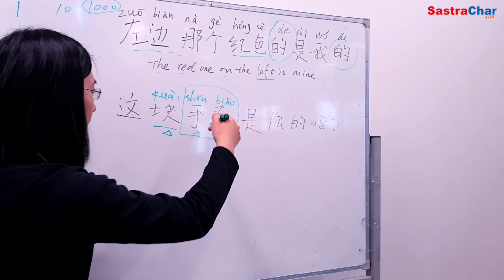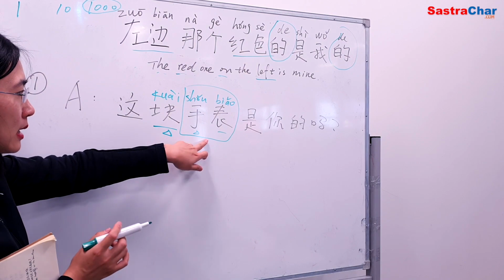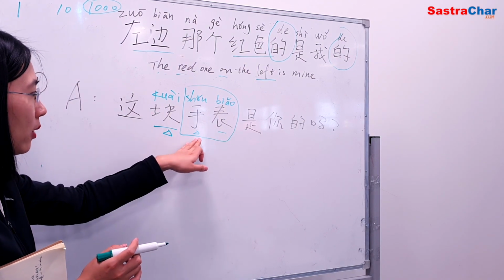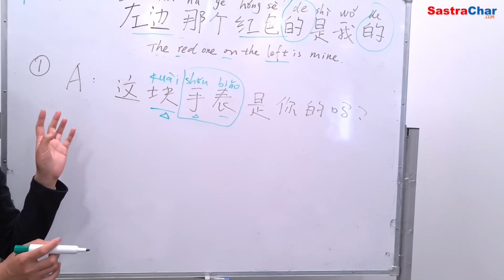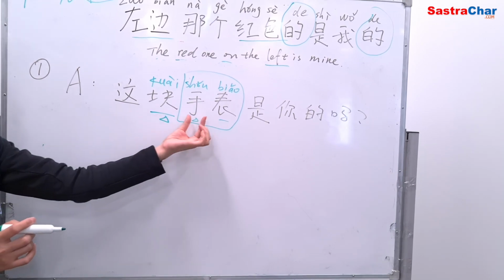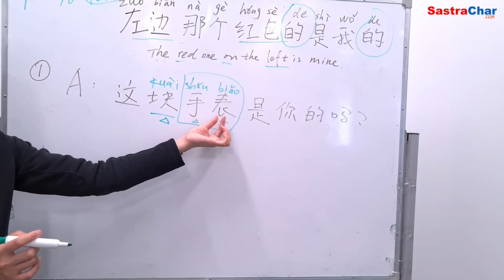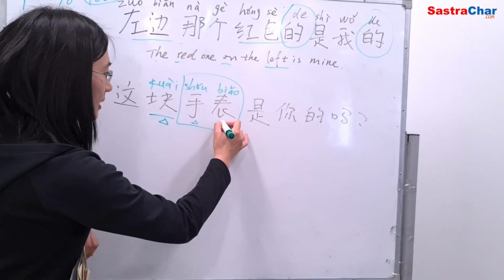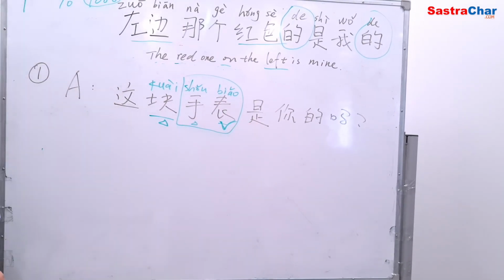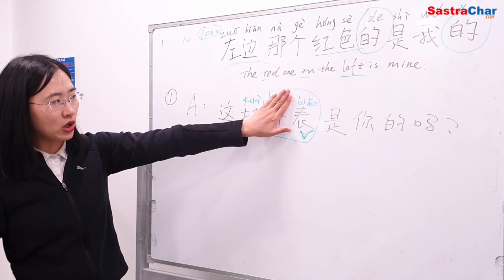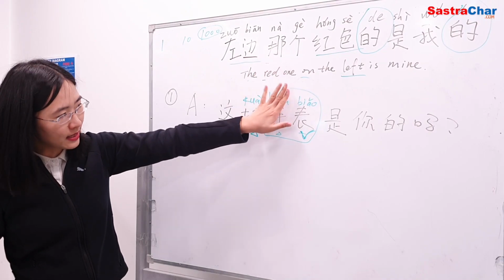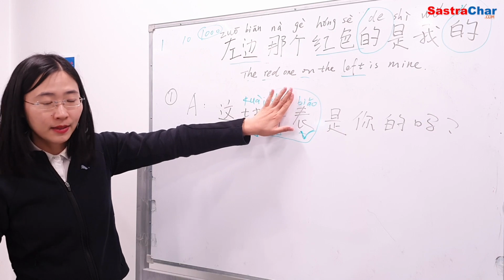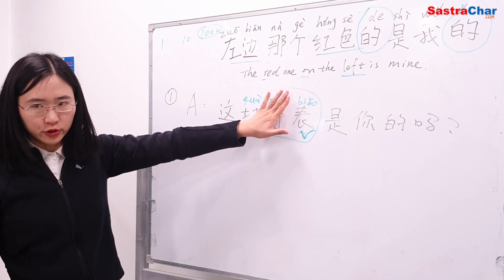Let me tell you another thing. 手表, which word do you think carries most of the meaning of watch in these two? Do you think it's hand, or is this 表? Well, actually it's 表. If you take the 手 away, and look at this 表 individually, 表 means watch.